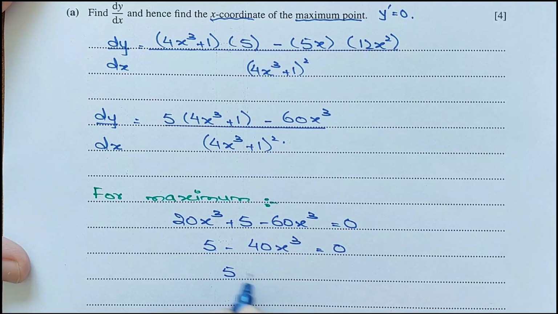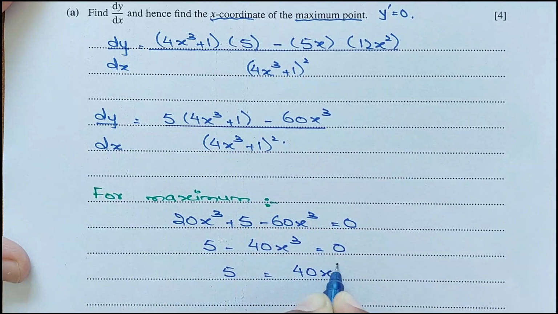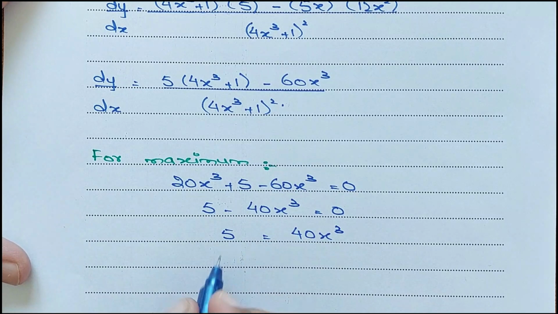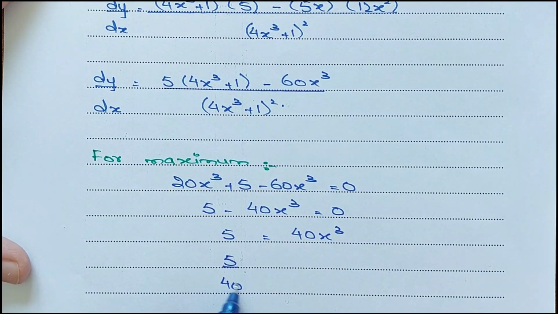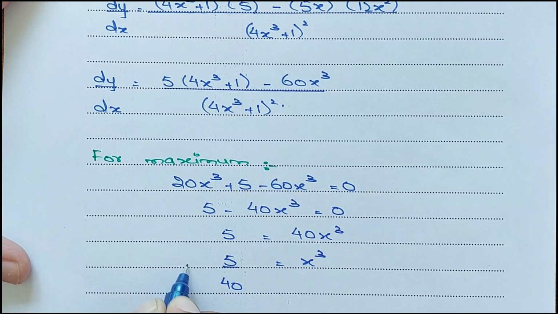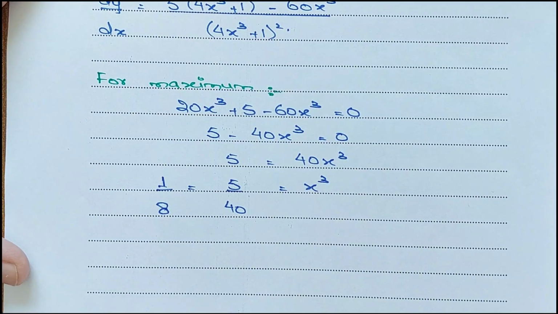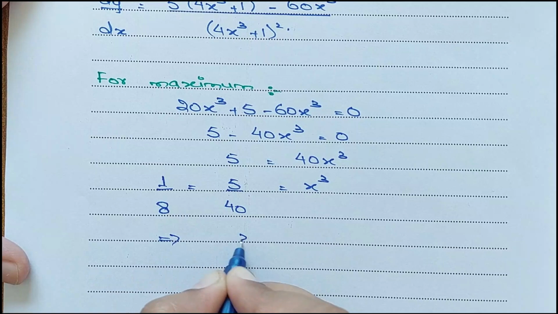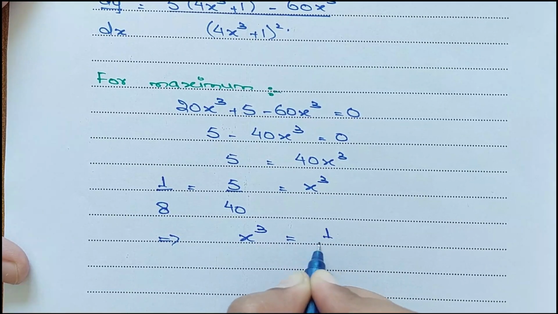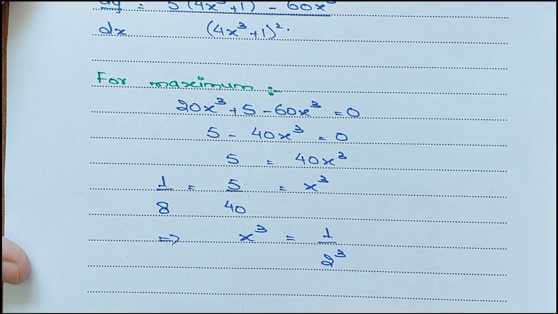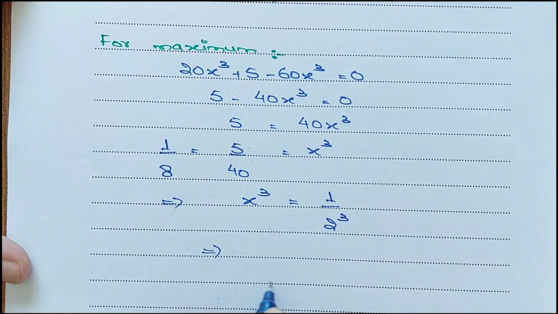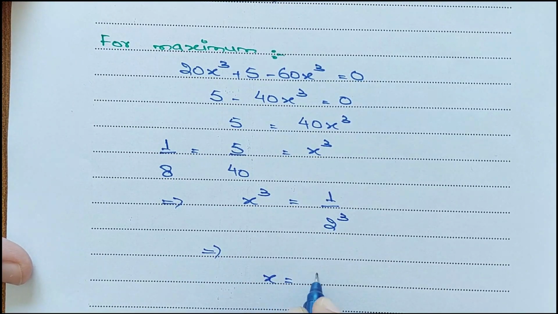So we can say 5 is equal to 40 x cube, right? And 5 over 40, this is x cube. 5 by 40 is 1 over 8. 5 times 1 is 5, 5 times 8 is 40, and we can say x cube is equal to 1 over 2 cube.